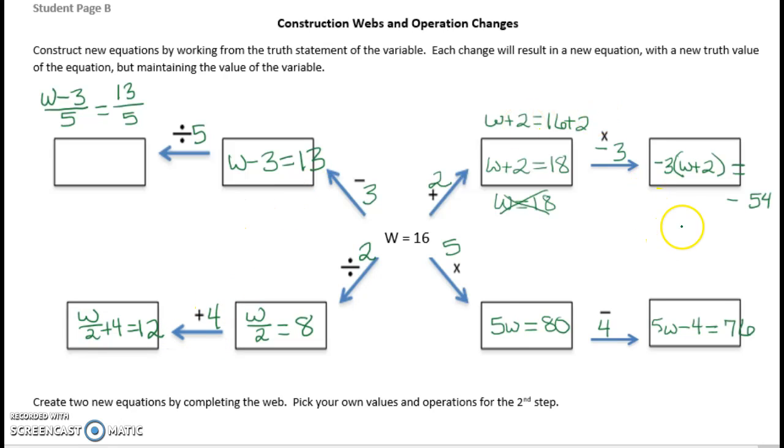Okay, one last thing I just want to point out over here. Notice that when we multiplied by -3, we didn't do any kind of distribution because that changes the construction of what the story is actually saying, because we're talking about -3 being multiplied by this entire expression on this side. So we leave it in terms of parentheses, the -3 times the quantity of w plus 2, or -3 times this sum.